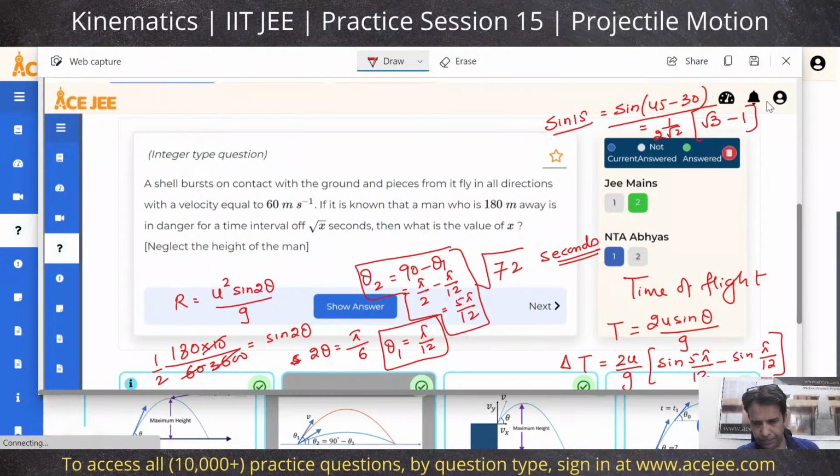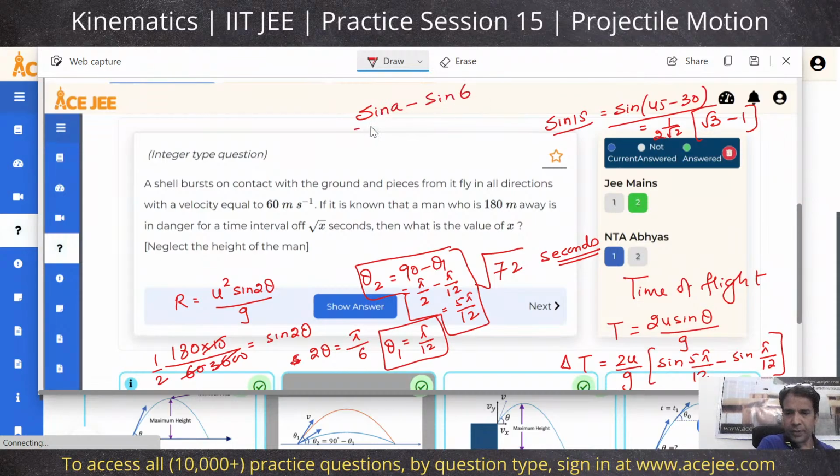Sir, you could use the property of sine A minus sine B. And what angles did you take? What was A and B for sine 75? Sir, it will be simply sine 75 minus sine 15, which can be written as 2 cos 45 into sine 30. So you used sine A minus sine B. Yes, sir.